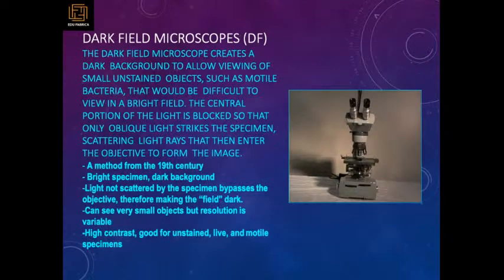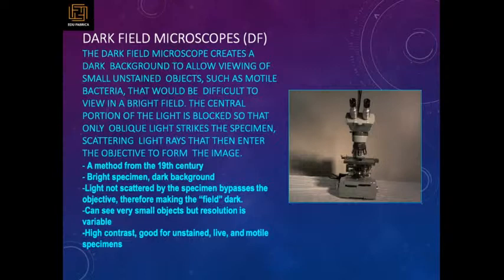Then the dark field microscope, here we can see, is the one which creates a dark background to allow viewing of small unstained objects such as motile bacteria that would be difficult to view in bright field. The central portion of the light is blocked so that only oblique light strikes the specimen, scattering light rays that then enter the objective to form the image.